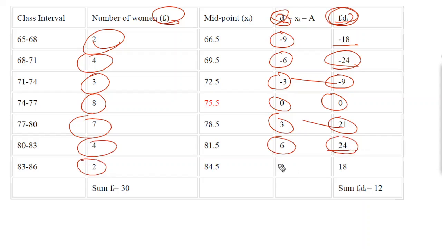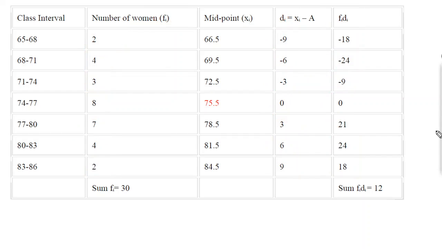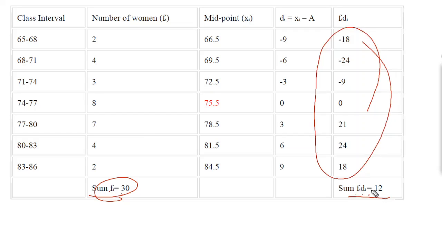Then 2 into 9 is 18. After doing this much work, we have to find the sum of fi, or sigma fi, and also sigma fi di. You know how to find sigma fi di. You have to calculate the sum of all these numbers. Okay, it will be equal to 12. Here sigma fi will be equal to 30.